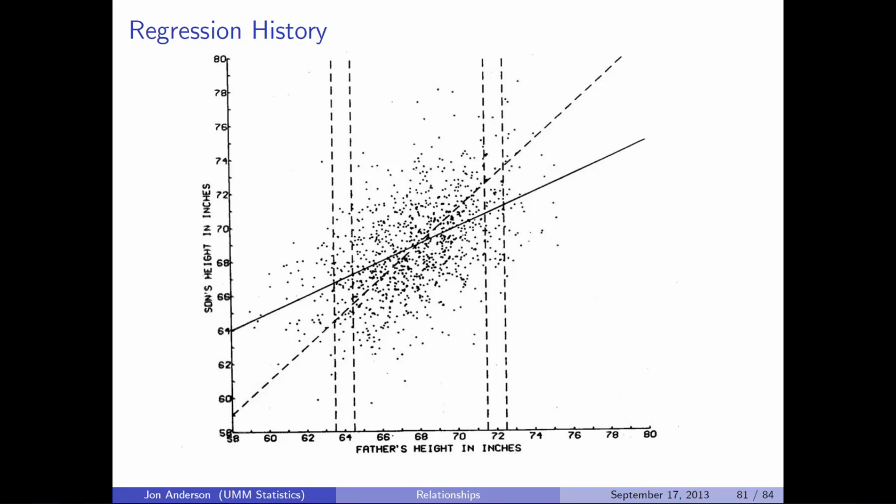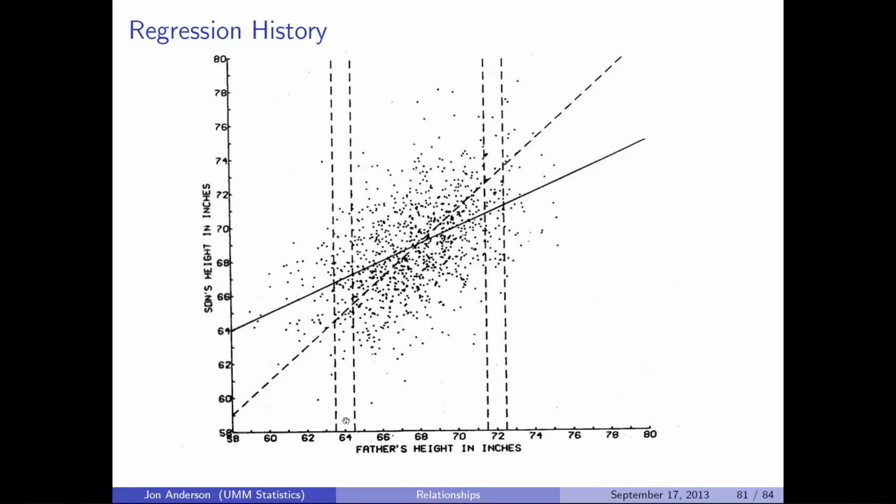And that is really disturbing to Galton, because remember, these fathers are 72 inches of height. And their sons are tall, but not quite as tall as the fathers. Height is not transferring cleanly. The really high value fathers have valuable sons, but not quite as valuable as the fathers were.